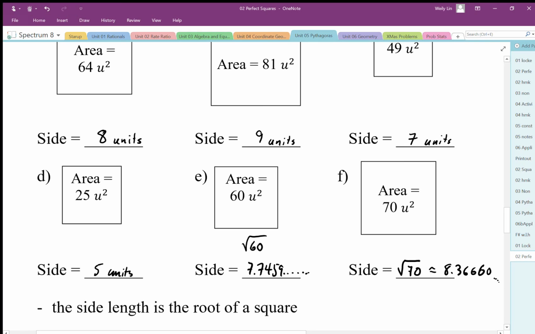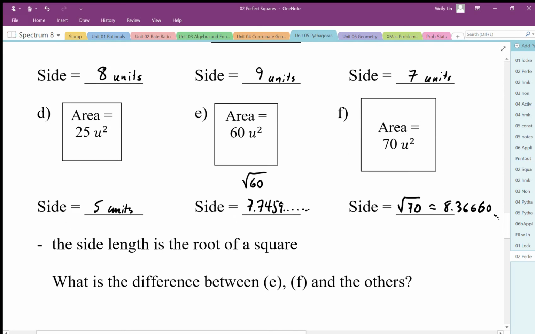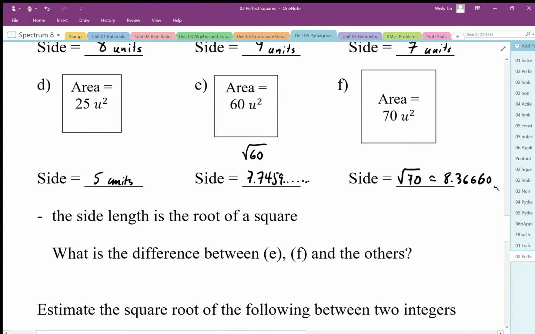These are non-terminating, non-repeating decimals, and these are not very nice. So these side lengths are not rational numbers. Okay, so what's the difference between E and F and the others?